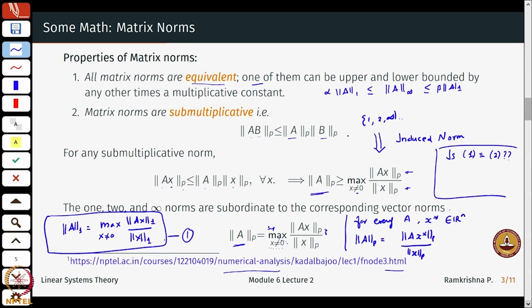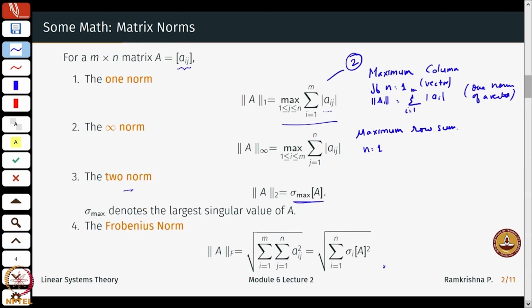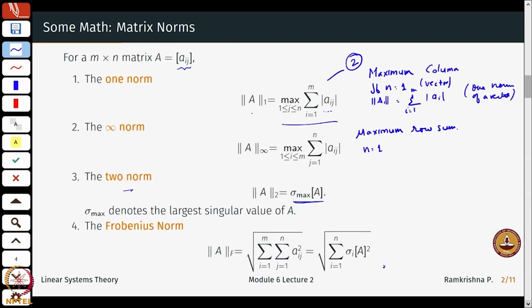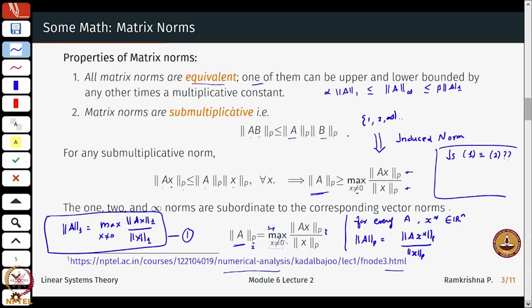Similarly, you can replace the 1 by 2 here, just call this P to be 2, and you can prove that this will actually give you the 2 norm, and so on with the infinity norm also. So, there is a good equivalence between the definitions of the 1, the infinity and the 2 norm, and what I derived here via the submultiplicative property. Okay. So, of all these properties, this is what we will be using in this lecture.